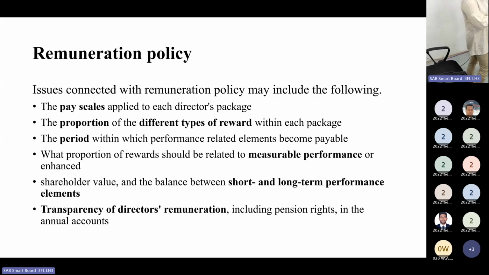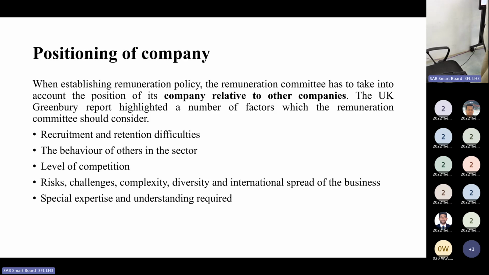But fixed amount for attending the meetings, that amount you will pay. Right? And what proportion of reward should be related to measurable performances, then short-term, long-term performance elements and transparency.